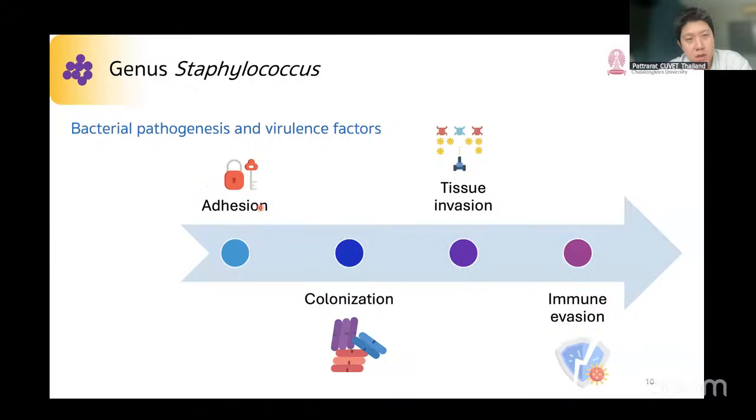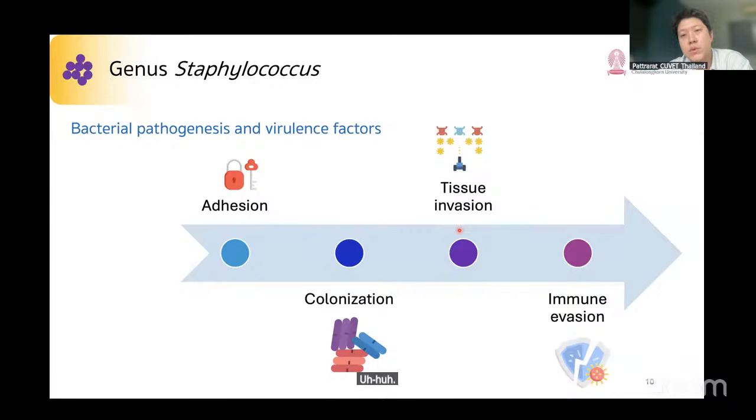And next, the bacteria will use the nutrients and multiply at the site. We call this the colonization step. Commensal bacteria will just colonize without any harmful steps. But pathogenic bacterial species have virulence factors for invasion, such as toxins.